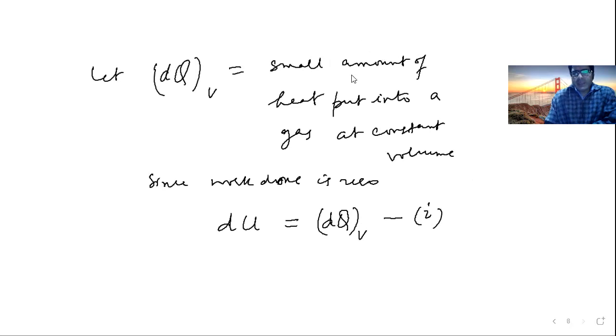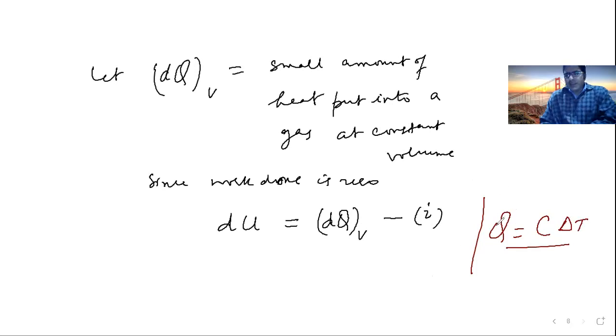Now remember the relation Q is equal to C delta T. Already discussed this, that the amount of heat put into the system is proportional to the change in temperature of the system. This capital C is heat capacity of the system.